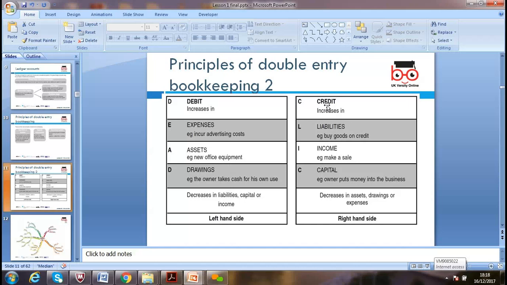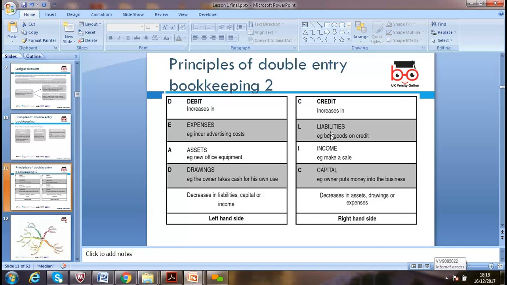When we're doing DEAD CLIC, DEAD stands for debit: expense, asset, and drawing. And CLIC stands for credit increase: liability. If we have more liability, we need to pay more money, or we owe more, we call them liabilities.